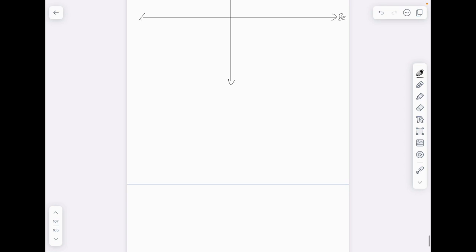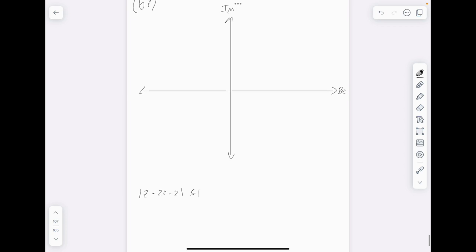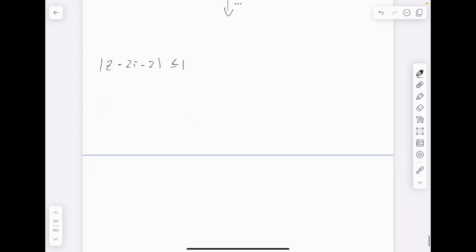Okay. So z, now remember, this over here is the same thing as saying |z minus (2 plus 2i)| smaller than 1. Okay.